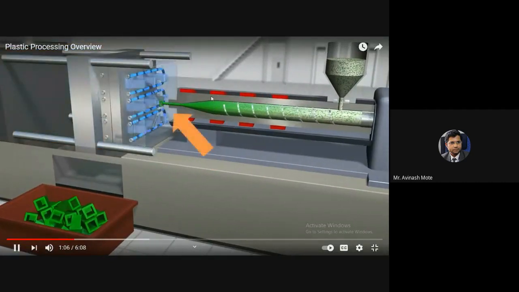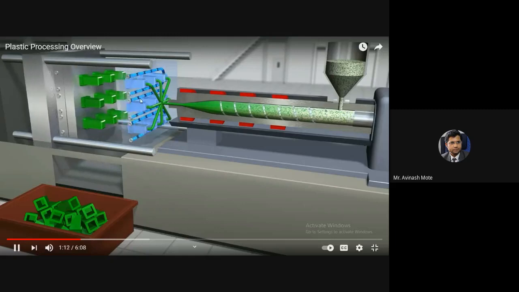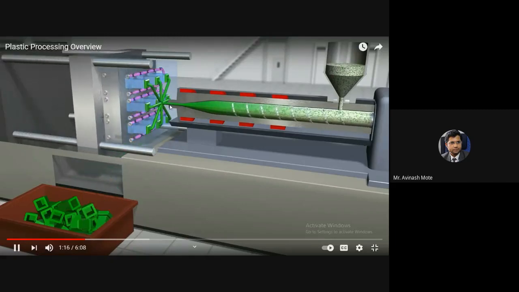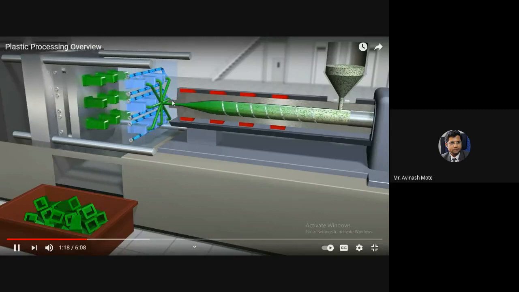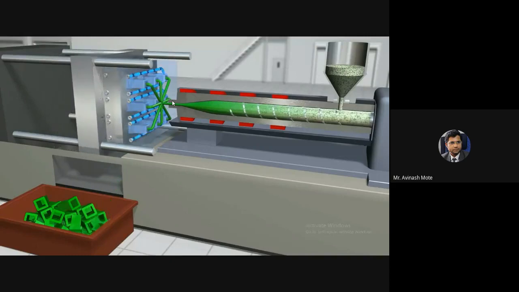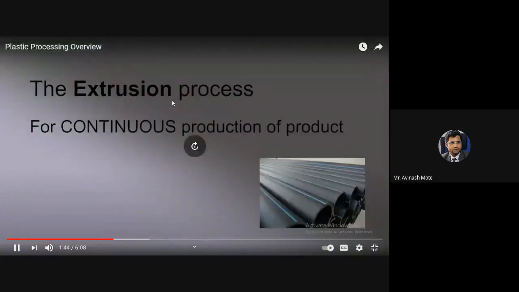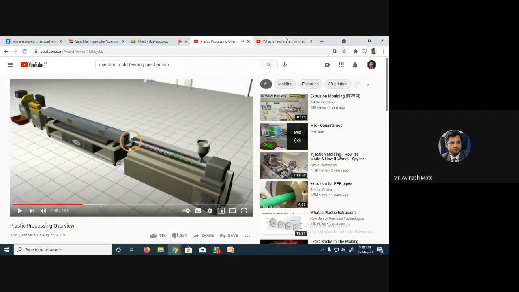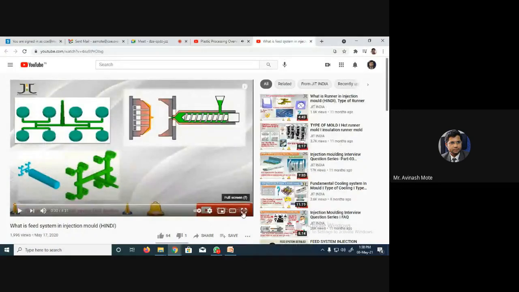Here you see the runner and gating system. Look here. This is the nozzle. Now see another one. Here you will get a clear idea.